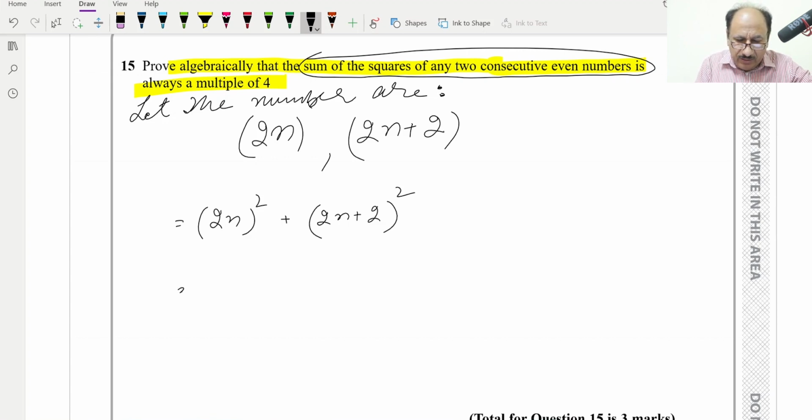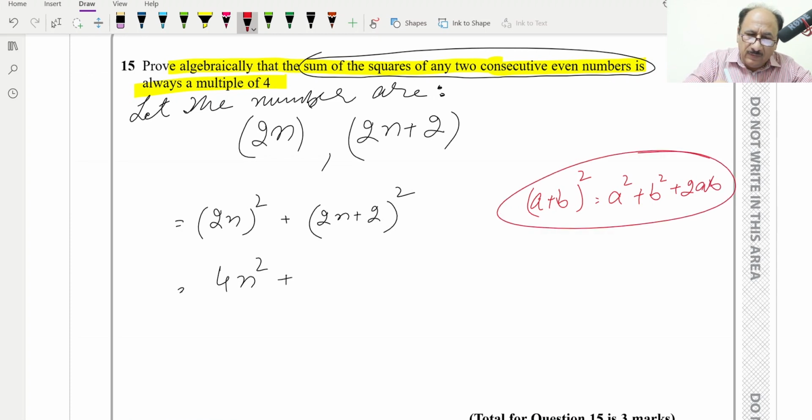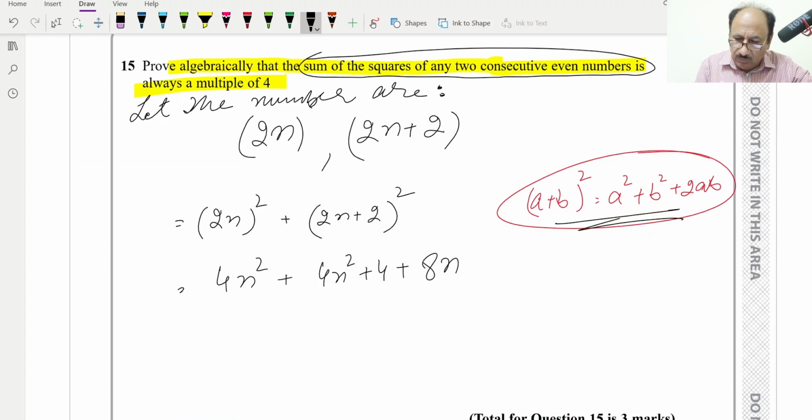If we expand these squares, this will be 4n squared plus, for this one we can expand by the formula (a plus b) squared is equal to a squared plus b squared plus 2ab, and we will be applying this formula, and we will get 4n squared plus 4 plus 2ab. So 2 into 2 is 4, into 2 is 8, so 8n. By applying this formula, hopefully you understood this section also.